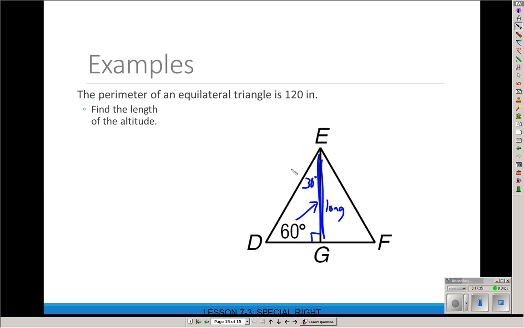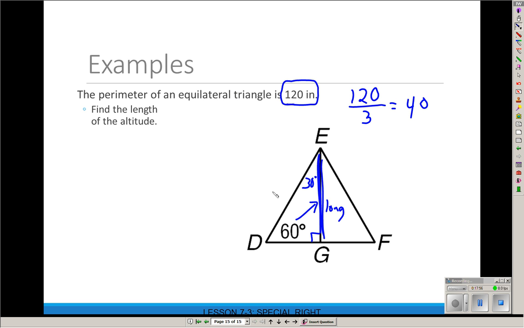Well, right now I don't know any sides, but what I do know is that the perimeter of the big triangle is 120 inches. An equilateral triangle has 3 congruent sides, so to get one of those sides, I can divide 120 by 3 to get 40.